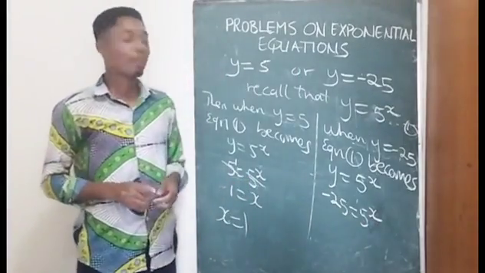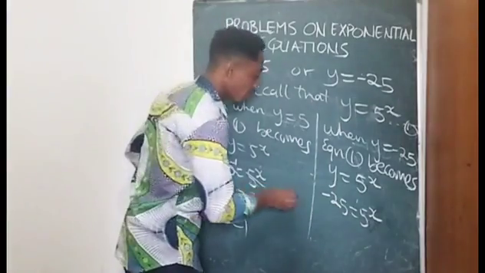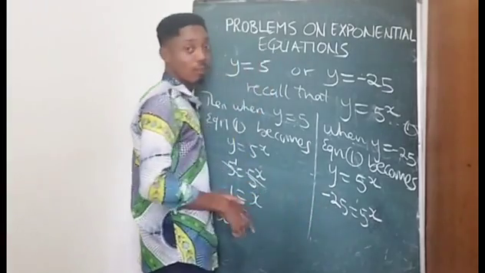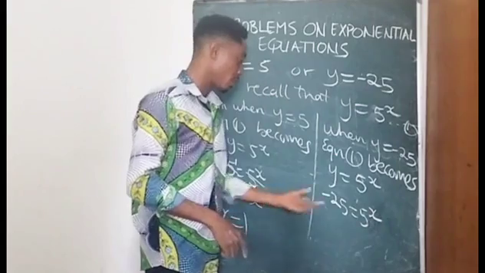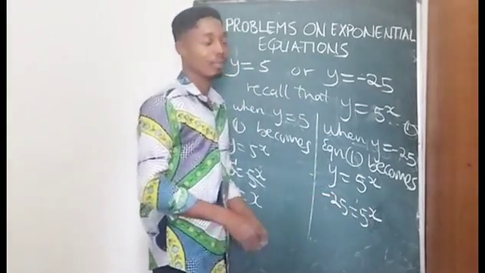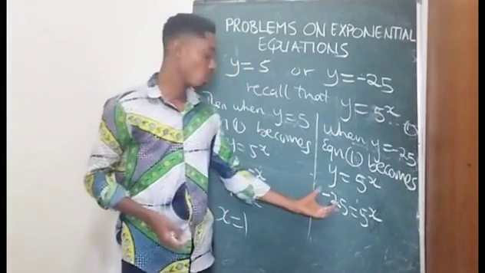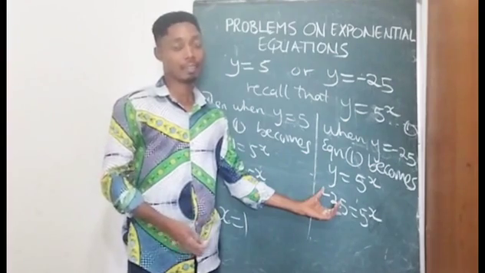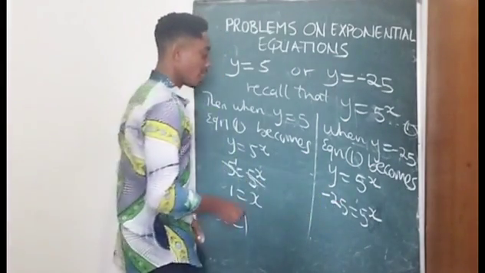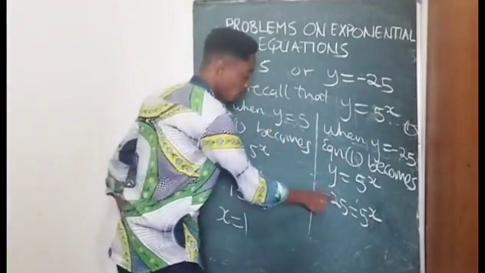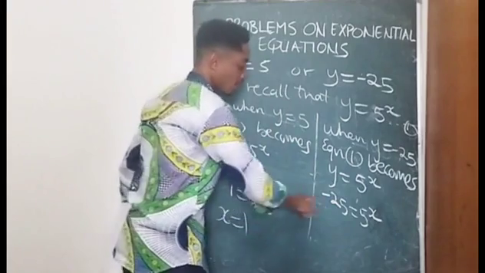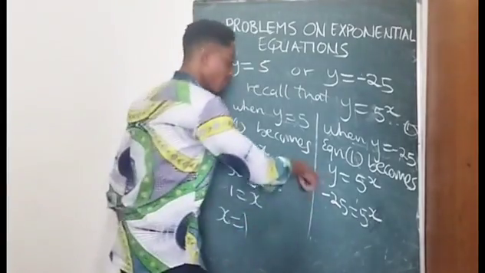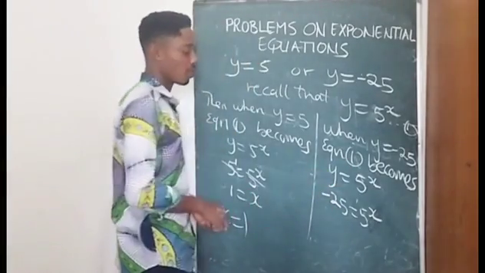At this point, how am I going to simplify this with a base of 5 so that I will cancel the base? Now, it's not possible to express this in indices. 5 squared is not going to give you minus 25, and minus 5 squared is not going to give you minus 25. So this is not possible.